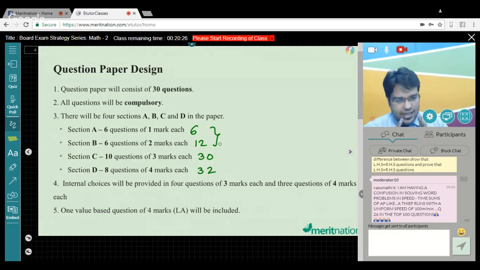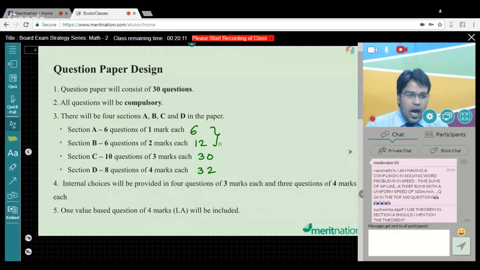You do that, but have a balanced approach. It's not that you do questions 1 to 6 very neatly, and then suddenly you realize 45 minutes are gone and you've just done 6 questions, right? It tends to happen with a lot of people. So please make sure you balance out the time allocation for different sections.